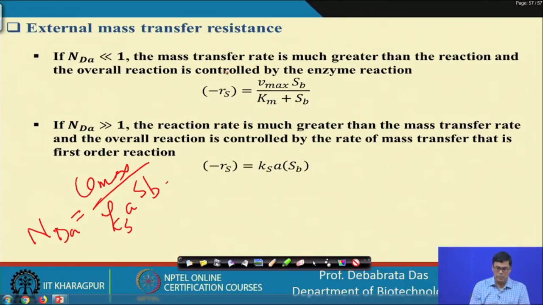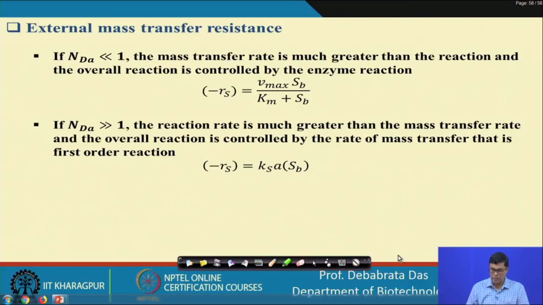If mass transfer is very high, then mass transfer is not limiting. What is limiting is the rate of reaction, so the rate of reaction is controlled by the substrate concentration. But when your Damkohler number is greater than 1, then your velocity of reaction is very high, or mass transfer is very low. So your overall rate of reaction is controlled by the mass transfer. This is called mass transfer control.